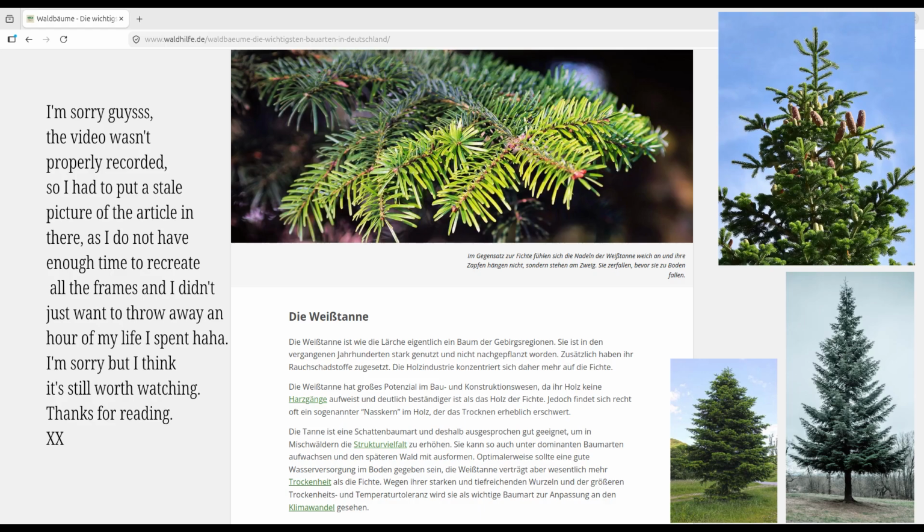I think, if I'm being correct, let me just have a look at that. Harzkanal. I thought Harzgänge. Well, I thought Harz in general means resin. But Harzgang, I thought that would mean resin vein. This is the correct thing. It appears to be like the veins, or I thought pores of resin.